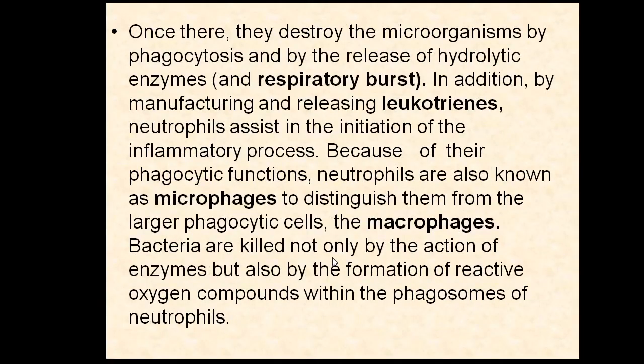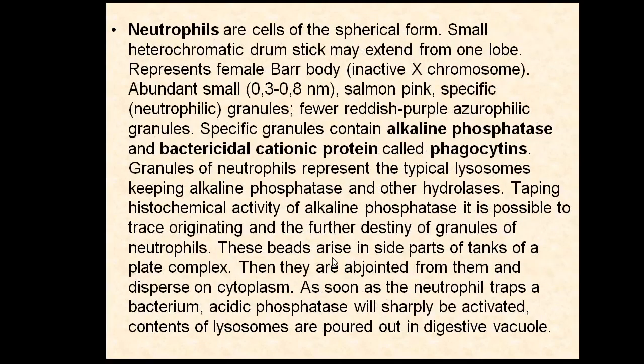Some words about the content of the granules, specific granules. These cells are macrophages. They can leave the bloodstream, go to the loose connective tissue or other tissues, and move like amoeba. Then they come to the place of the invasion of something foreign.